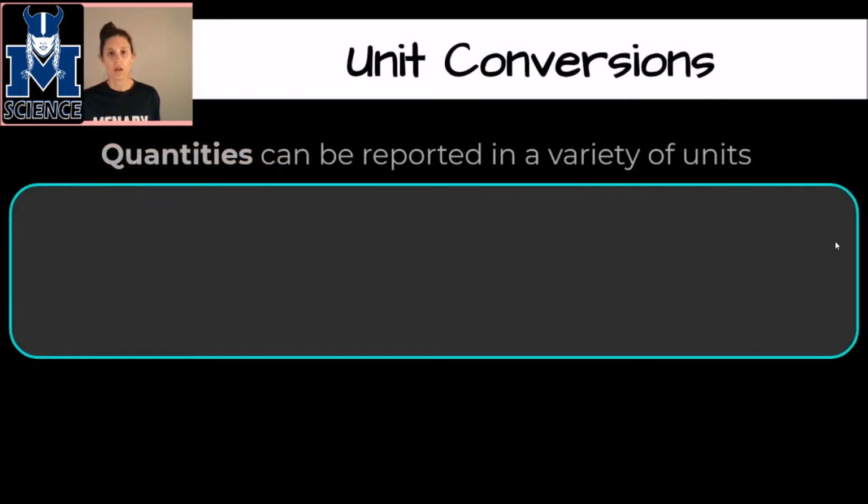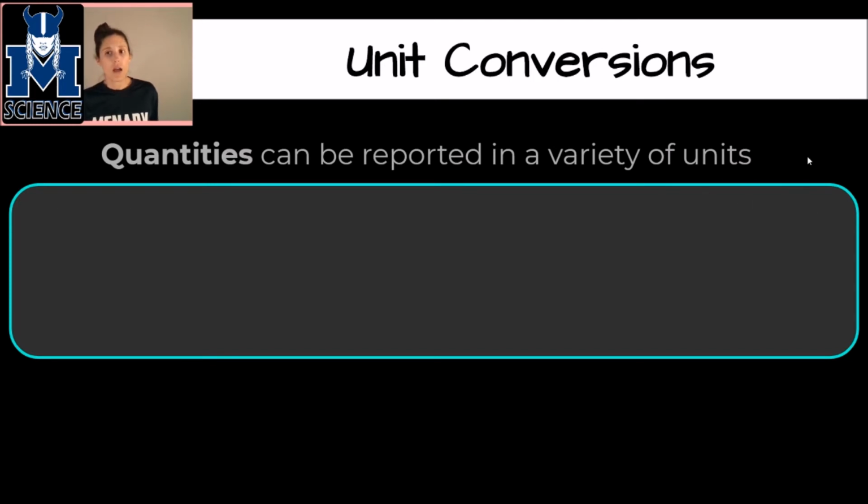For now, let's talk about how we convert between units, because we just looked at what the base units are for those 4 dimensions or quantities, and we don't always see measurements taken in those units, right?